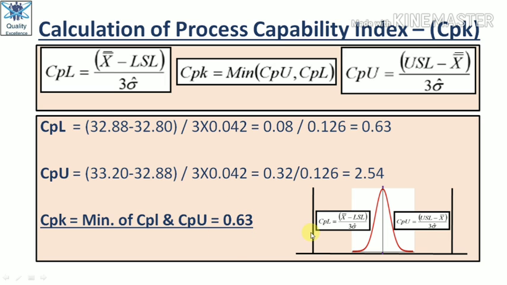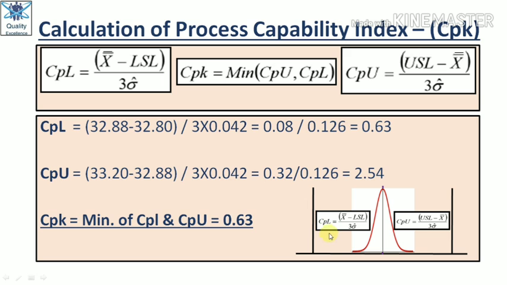Because whatever is nearer to your process will be critical, and we need to focus on whatever is critical. So the minimum will be critical. That is the reason why CPK is considered as the minimum of CPL and CPU. You can see here our CPK is 0.63, and that is CPL.